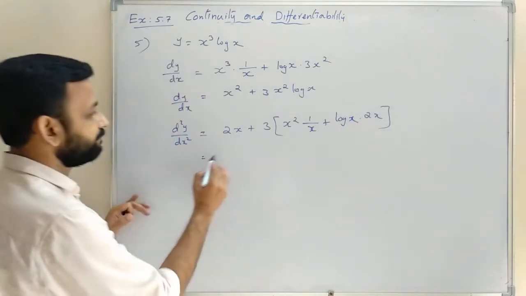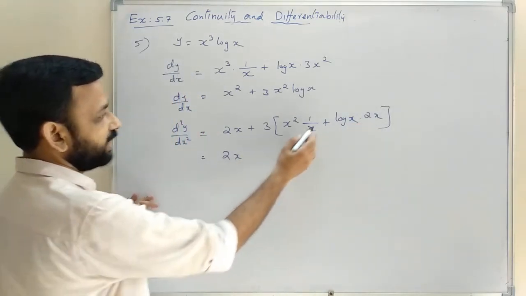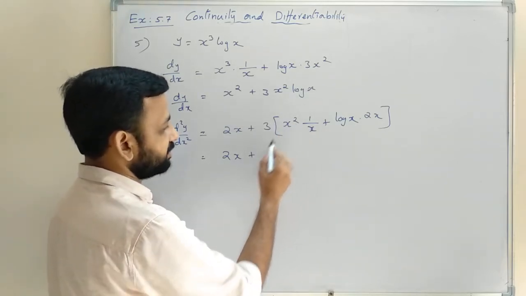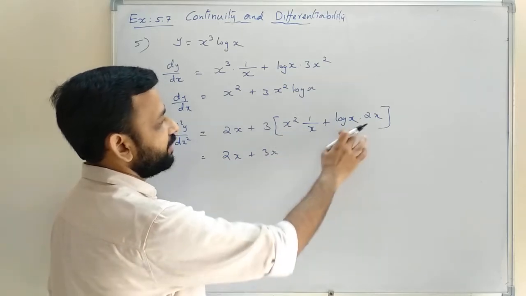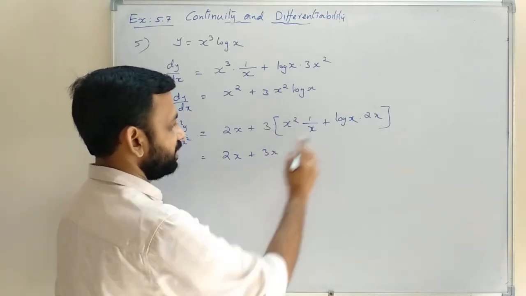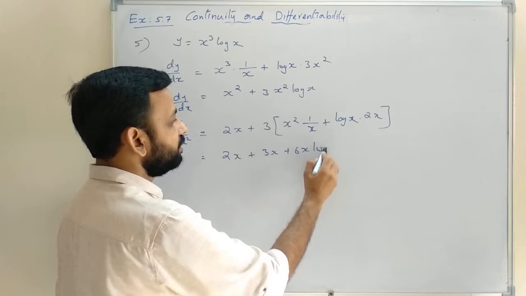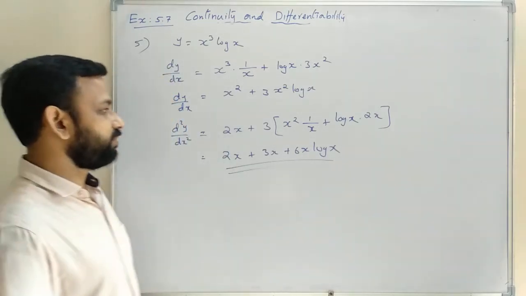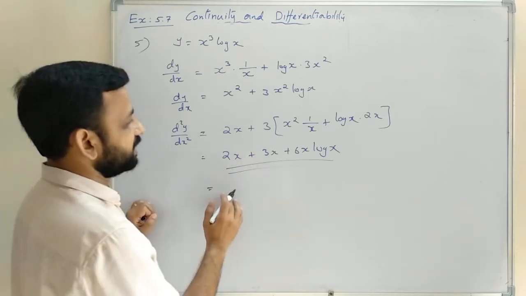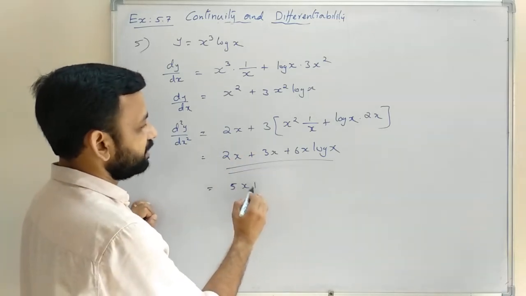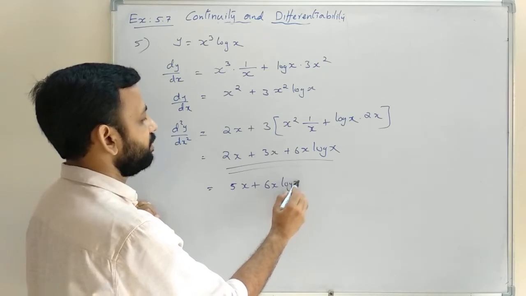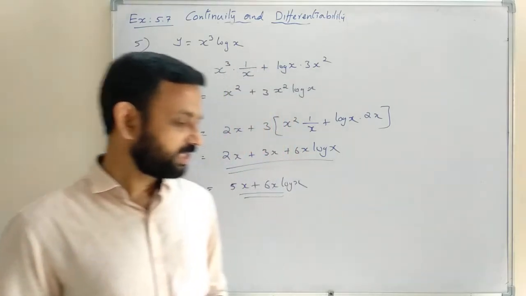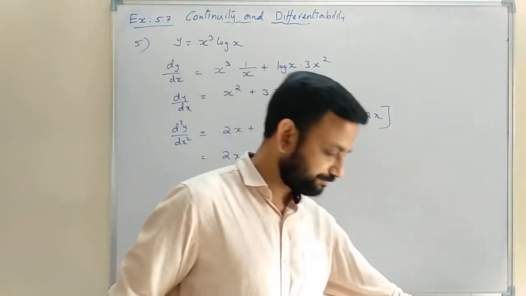Simplifying, x and x cancel, so we get 2x plus 3x, then 3 into 2, plus 6x log x. So this is the answer. Second order derivative is 2x plus 3x, that is 5x plus 6x into log x.